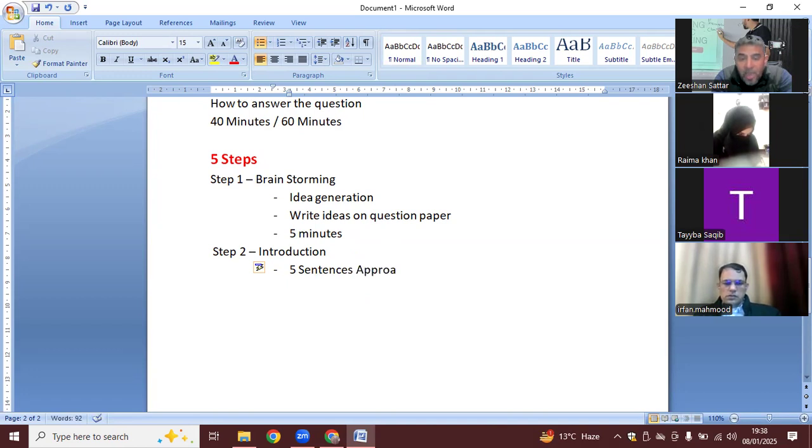In the introduction, we will follow the 5 sentences approach, meaning we will write 5 sentences in our introduction. For example, sentence number 1, S1, this sentence will cover the topic of the essay along with the focus of the essay as well.